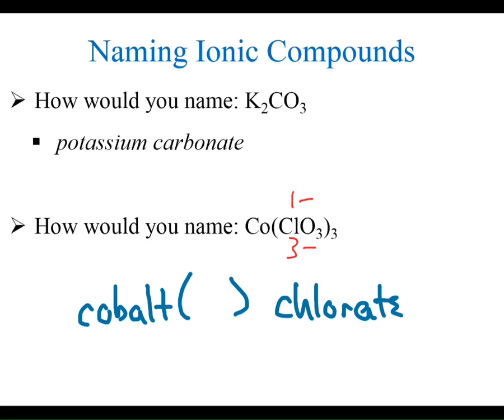See how I'm doing that? So if all of the negatives are 3 negatives, all of the cations must be 3 positive, right? And how many cobalts do I have? Just 1, so that 1 cobalt must be 3 positive. Does that kind of make sense? So what would I write there? Roman numeral 3. I.